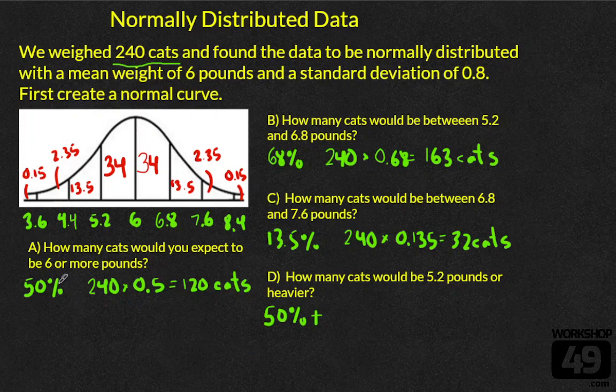We've already solved that that's 50%, but it's also 5.2 and up, so it's this extra 34%, giving us a total of 84%. We want to turn that into a number. That is 240 multiplied by 0.84, which is equal to about 202 cats.